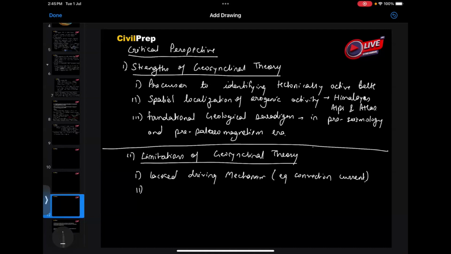Number two, it did not account for oceanic crust dynamics, that is, the various features of ocean basins.